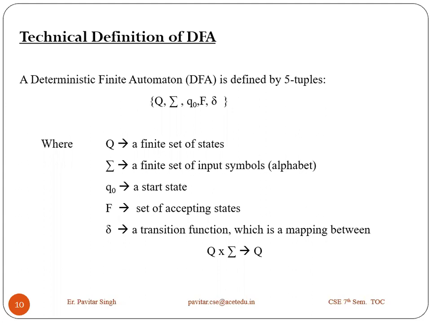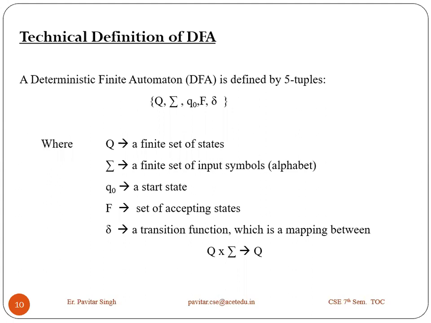Here capital Q denotes a finite set of states, represented with Q naught, Q1 and so on up to Qn. These are your states, which will be written as Q naught, Q1, Q2 and so on up to Qn.